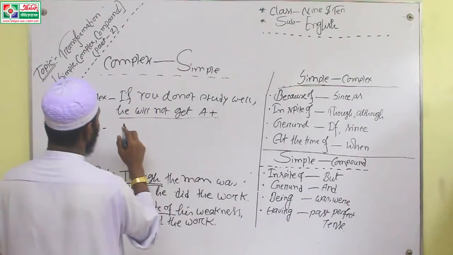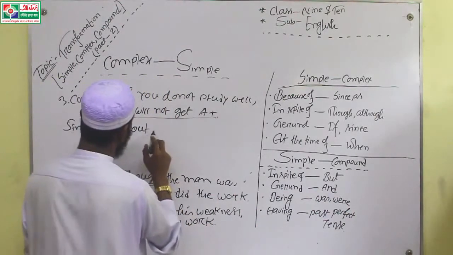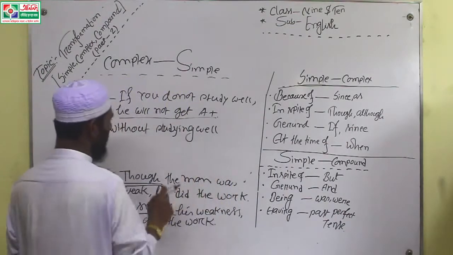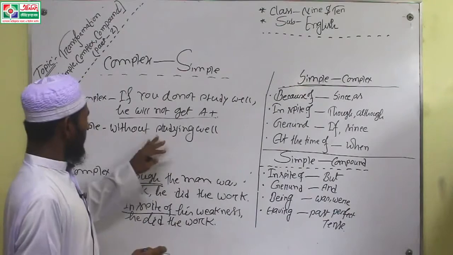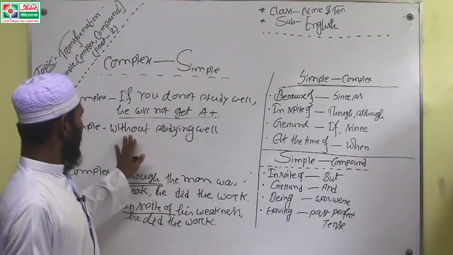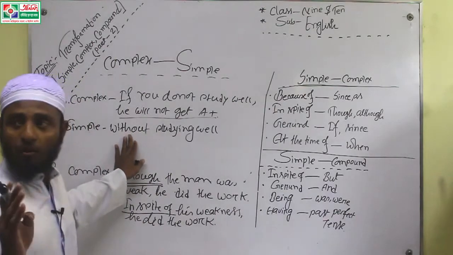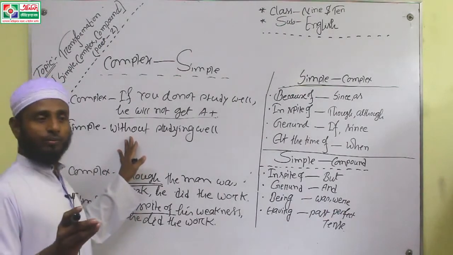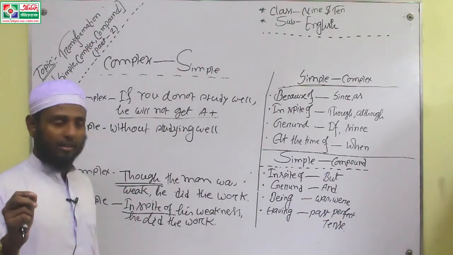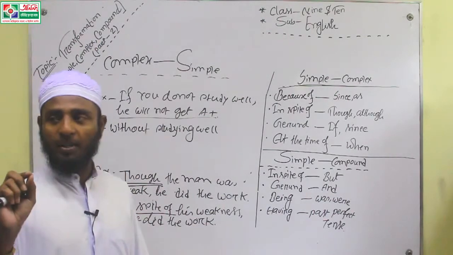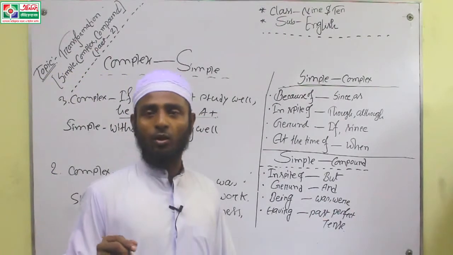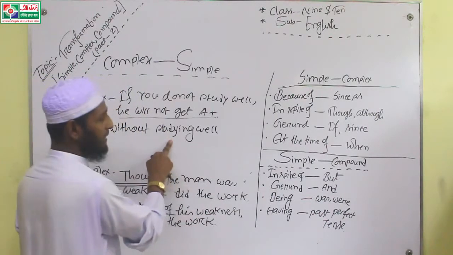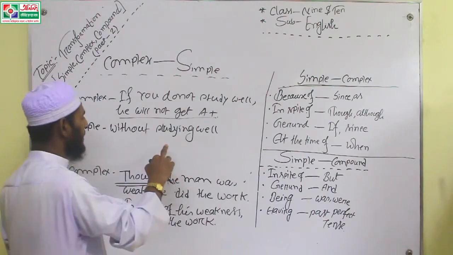Without studying well. Dear learners, you have to remember that without plus gerund is the form. With a view to, after, while: after these kinds of prepositions, you have to use ing, that means gerund.